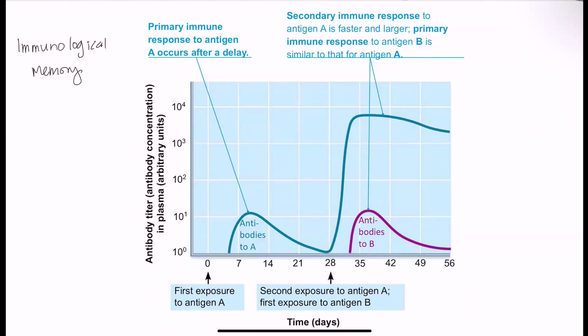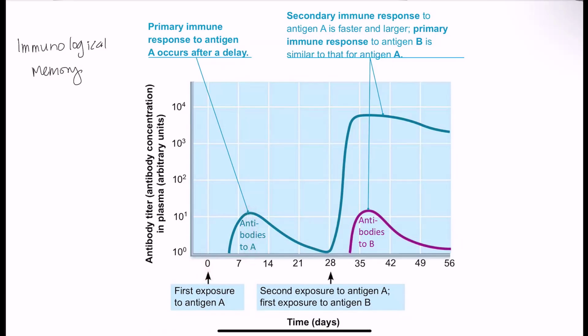And that's what this slide is showing you. We discussed in the last video how the adaptive immune system is really cool, except it takes a bit. But this is the idea of immunological memory. The blue line that we're looking at on this graph, or the greenish, whatever color that is, is showing you the antibodies to antigen A. It took a little over a week from our first exposure to have enough antibodies.